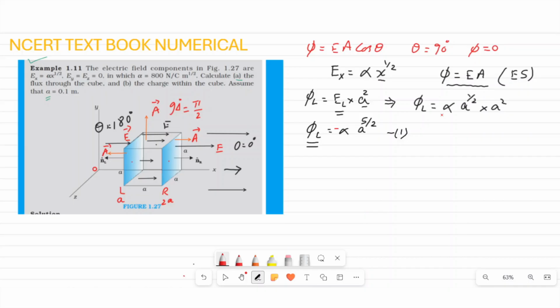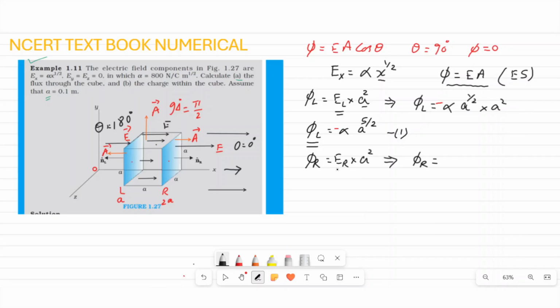So now let us go for calculating electric flux for right surface. For right surface, this will be electric field for right surface multiplied by area, which will be A square. Next step, flux for right surface is equal to, what will be ER?